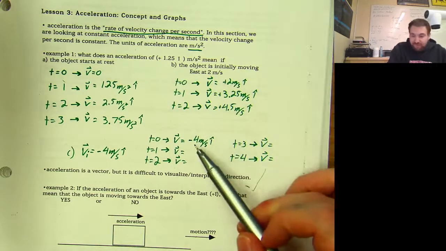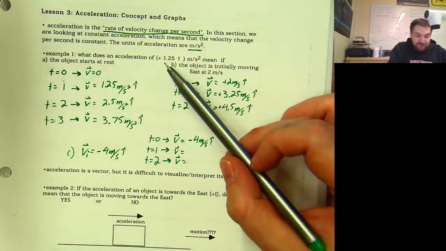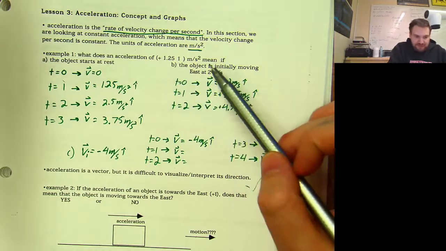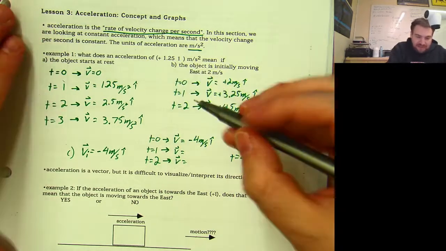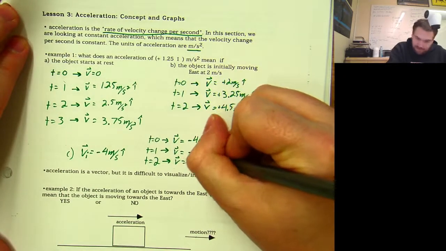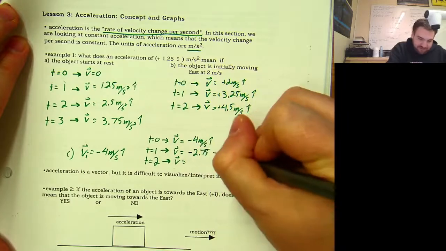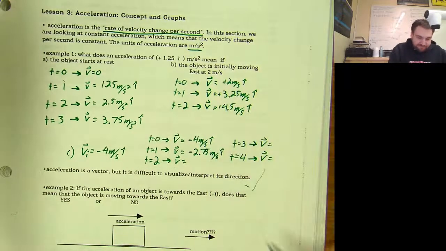If it starts at negative 4 meters per second i hat, and I'm adding to it positive 1.25 meters per second, now I'm going to be increasing my velocity up from negative 4 to negative 2.75 meters per second in the i hat direction.